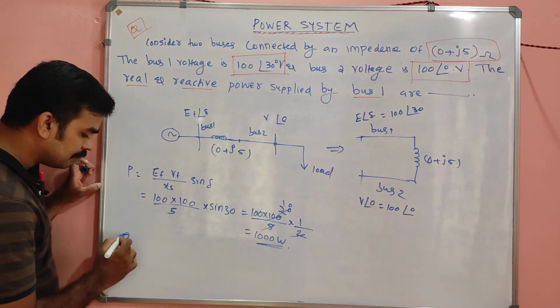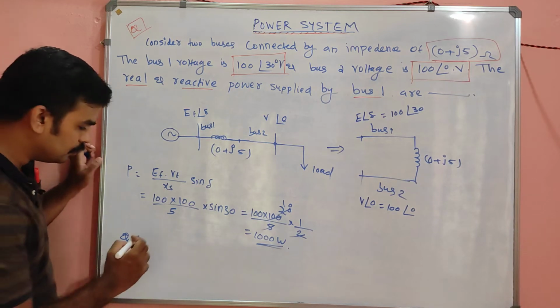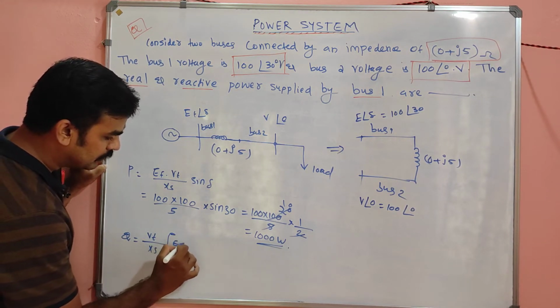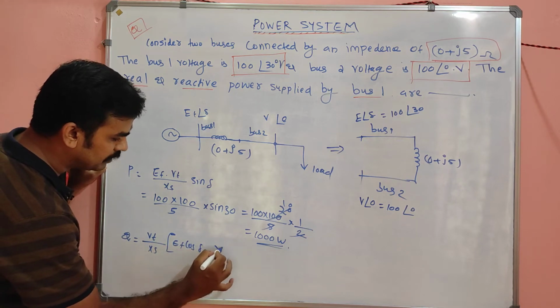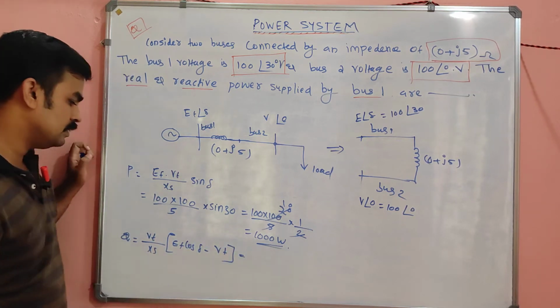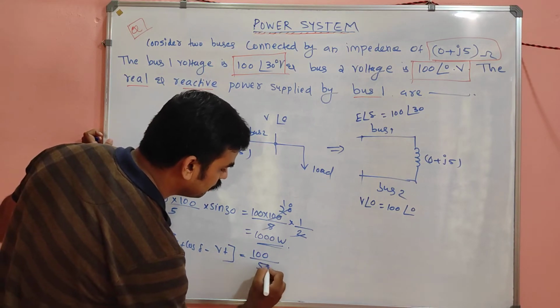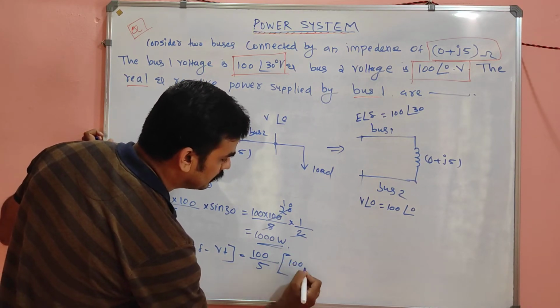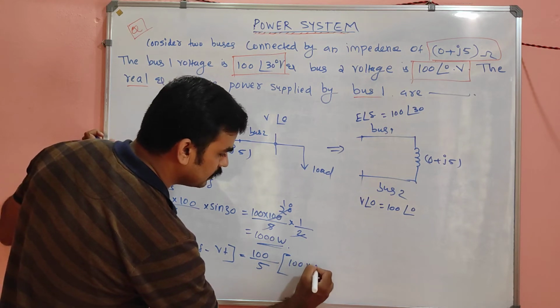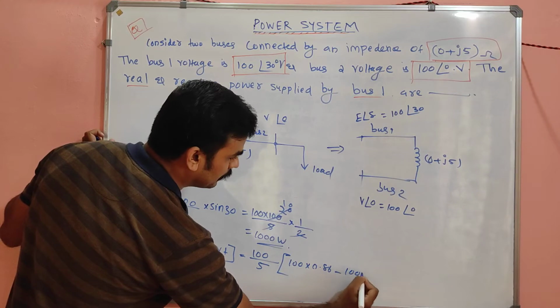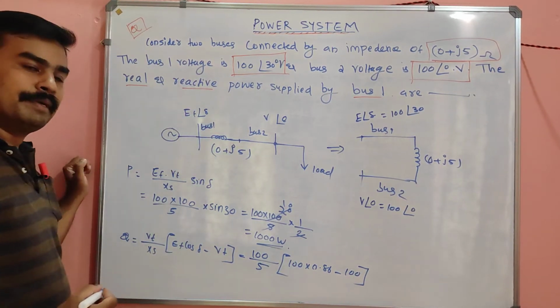Similarly, reactive power supplied by the bus 1 is nothing but Q is equal to what? Vt divided by Xs into EF cos del minus Vt. Vt is nothing but 100, right? 100 divided by 5 into 100 into cos del, it is nothing but 0.86 minus Vt, which is 100.